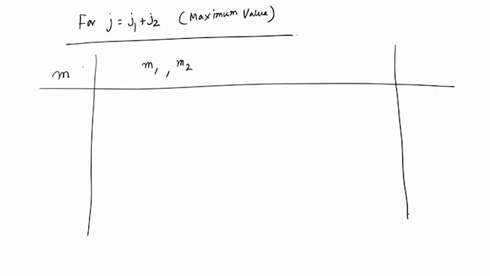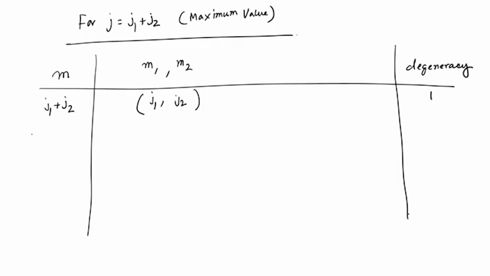The maximum value of M would be J1 plus J2, because M goes from minus J to plus J. So, the plus J is the largest value, which is equal to J1 plus J2. So, what can happen to this M1 and M2? They have to be simply equal to J1 and J2. So, this is just one pair that will satisfy, because M1 plus M2 equal to M, and so this has a degeneracy of these terms. This is equal to 1. There is just one kind of term that you can get.